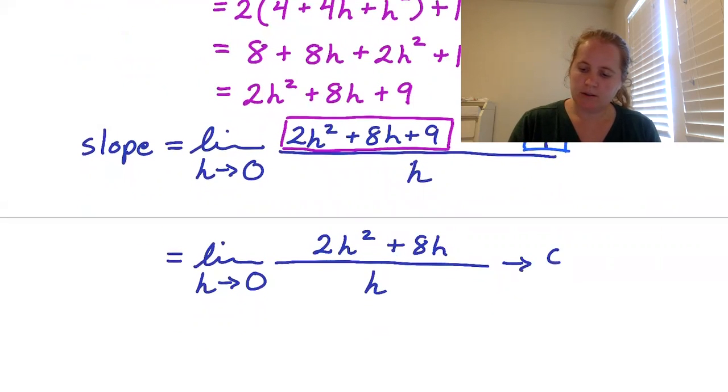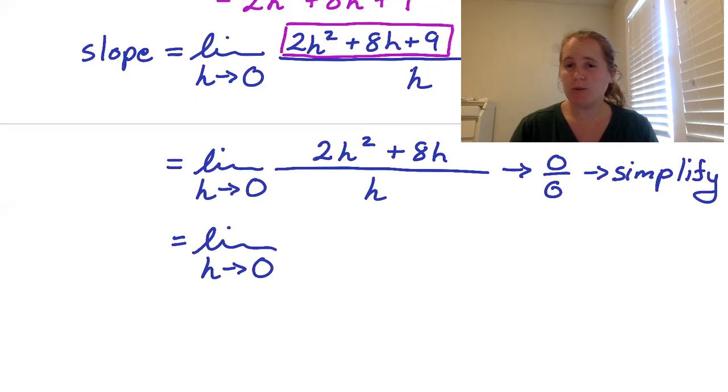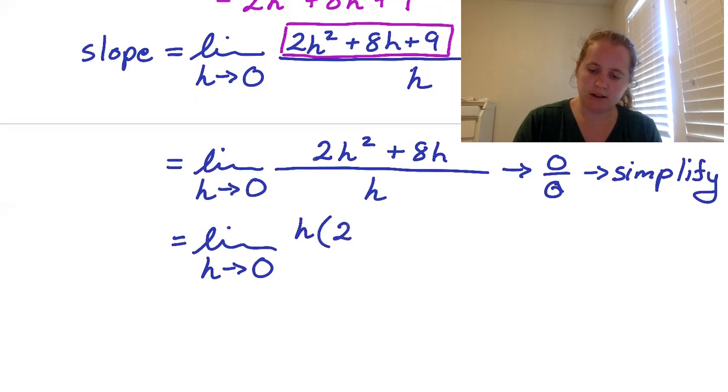This will be a 0 over 0 scenario, so we will simplify. We could pull out a 2h, but really the only thing we care about is the h. So we'll go ahead and just pull out an h, leave inside 2h plus 8, dividing by h.